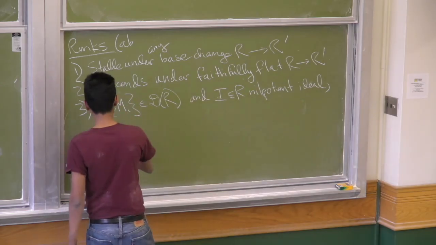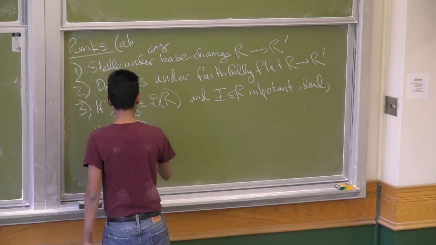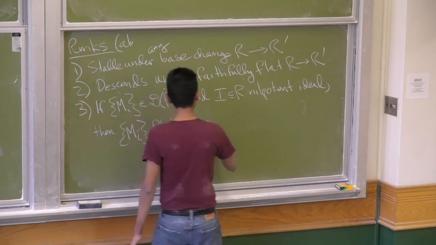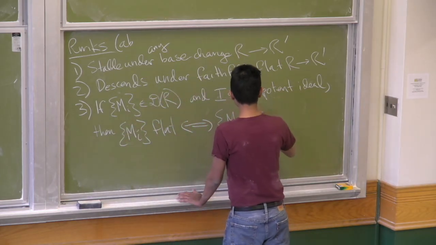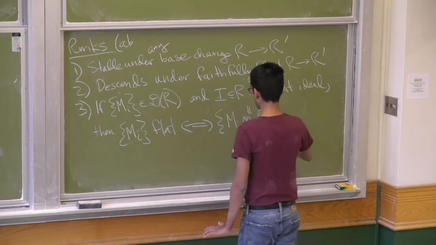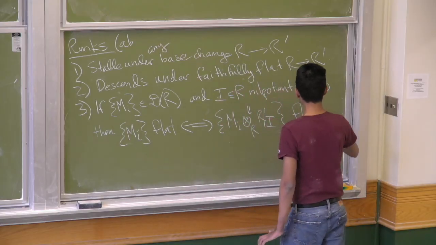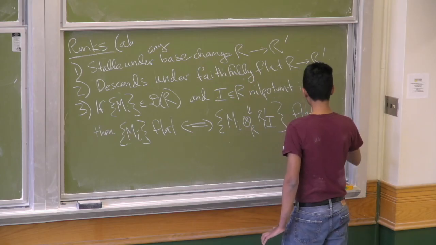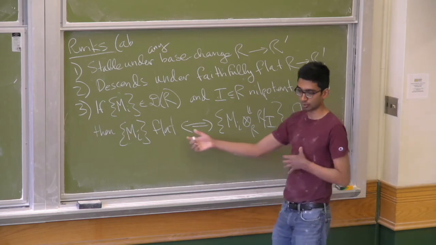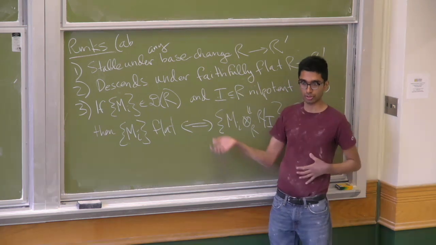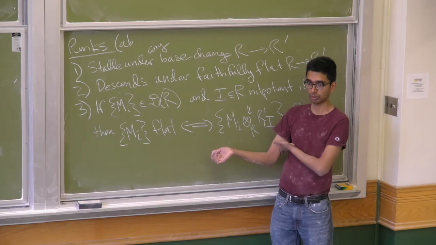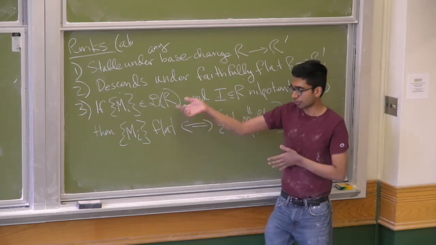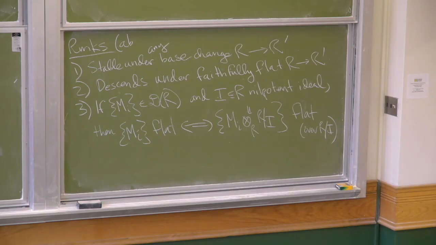Then the statement is that this tower is flat if and only if it becomes flat after base change to R mod I. So you can descend along a nilpotent ideal. This is a nilpotent criterion for flatness. Okay, and this is easy to prove.